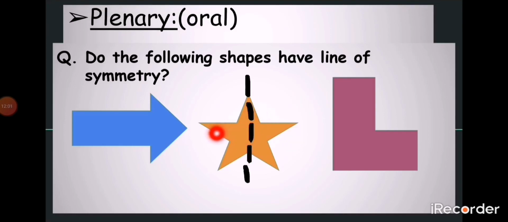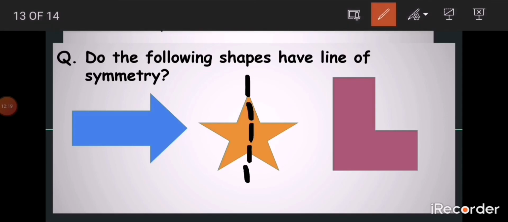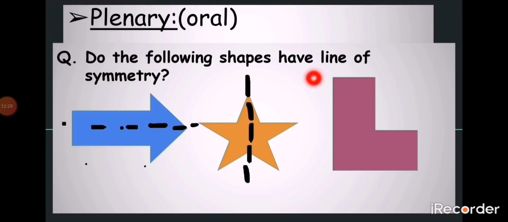If you put the mirror and look at this side in the mirror, we get the reflection, and the reflection is the same as the other half. So in this way, we can draw a line of symmetry in any shape. I'm also drawing again a line of symmetry here.